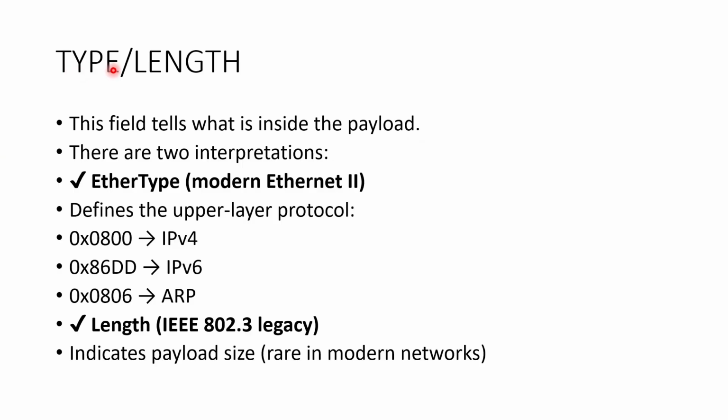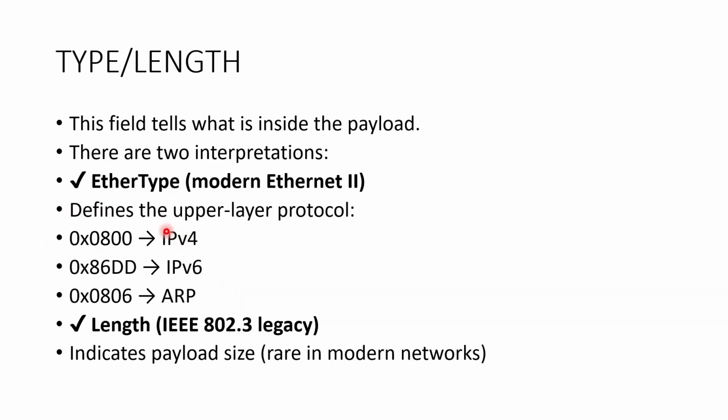The next field is the type or length. It is the third field of the Ethernet header, and it is 2 bytes long. This field is used to tell what is inside the payload. Now, here are the different types of packets which are contained in the type or length field. Whenever you see 0x0800, it represents IP version 4.